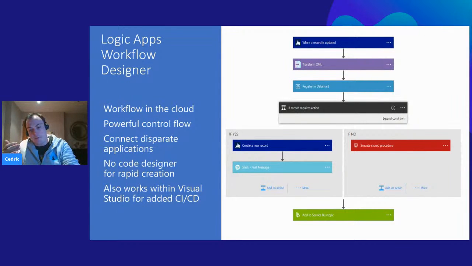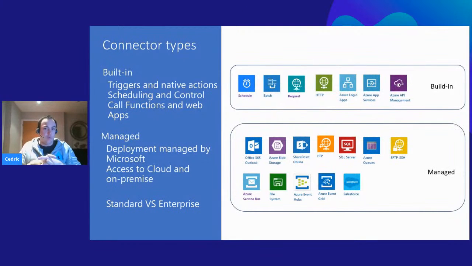So one of the core concepts for Logic Apps are your connectors. Now, connectors come in a couple of types, and we're going to see that as well in the portal. And the two main types are the built-in ones and the managed connectors.